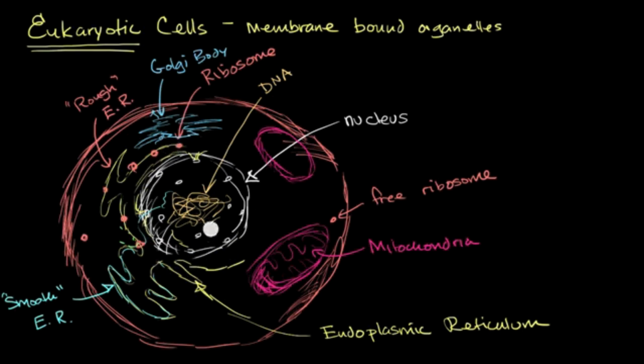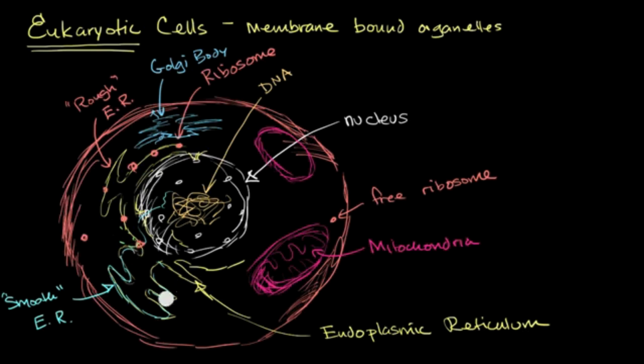Over time, they became so codependent that they started to replicate together, and mitochondria, in fact, became part of these eukaryotic cells.